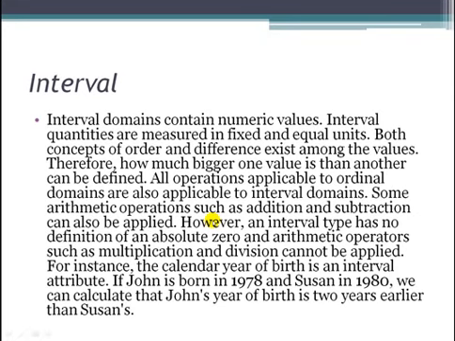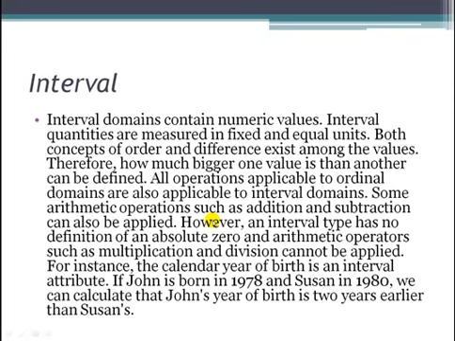If we say the temperature is 22 today and it was 11 five weeks ago, we can say that the difference between today and 5 weeks ago is 11 degrees, so differences make sense. But we don't say that the temperature is twice as hot today as it was 5 weeks ago. We wouldn't say that.